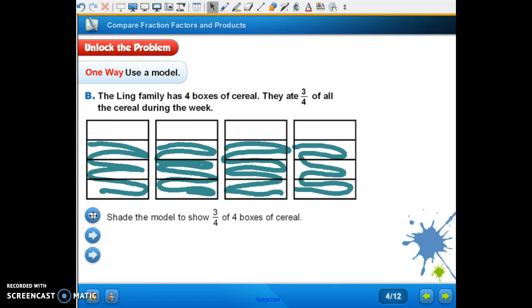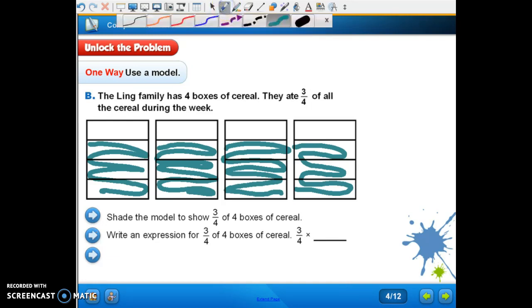Shade the model to show 3/4 of 4 boxes of cereal. Write an expression, 3/4 of 4 boxes of cereal, or 3/4 times what? 4.